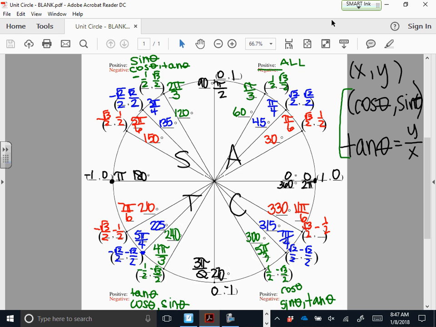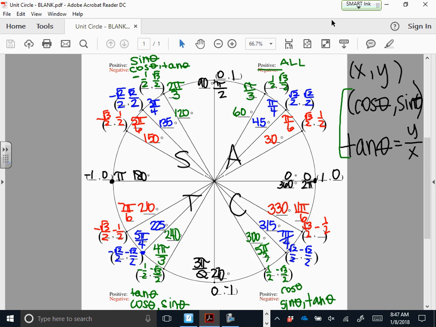So every single time for 45 it's the exact same. The negatives are going to be different, right? Anytime you have a pi over 4 reference angle, these are going to be your numbers, except the negatives are going to be in different places. If we had pi over 4, these would all be positive.